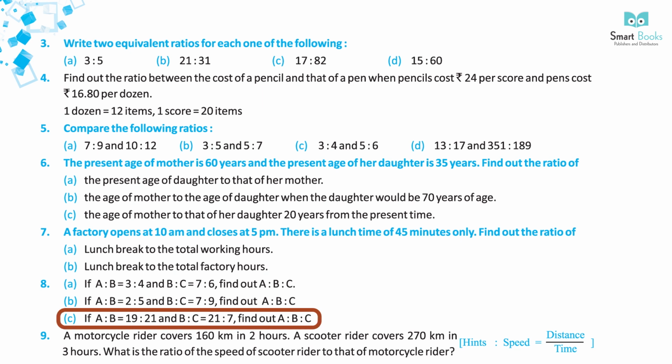C. If A ratio B equals 19 ratio 21 and B ratio C equals 21 ratio 7, find out A ratio B ratio C. Solution: 19 ratio 21 ratio 7.